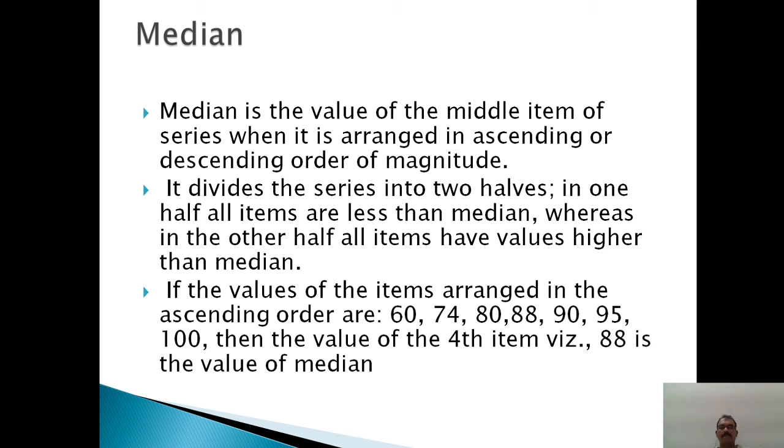For example, if the values of the items arranged in ascending order are 60, 74, 80, 88, 90, 95 and 100, so total 7 items are there, then the value of the fourth item, that is 88, is the value of the median.